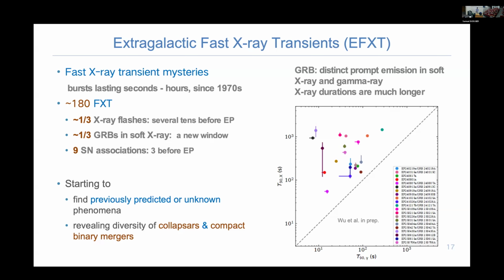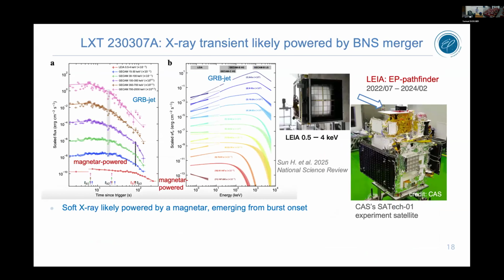That means the X-ray durations may be different from GRBs, but before EP we didn't have the capability to detect the prompt emission of soft X-ray of GRBs. So this is a statistical work, ongoing work, trying to capture this feature.